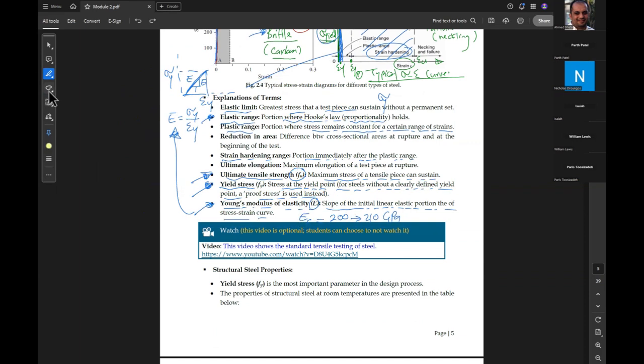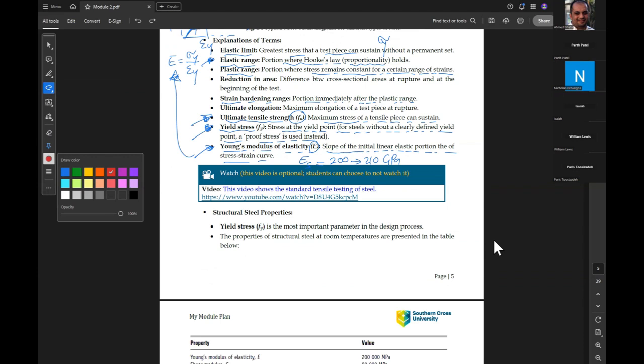So this is the value of E, because sometimes we need it. This video is showing a standard tensile test of steel.